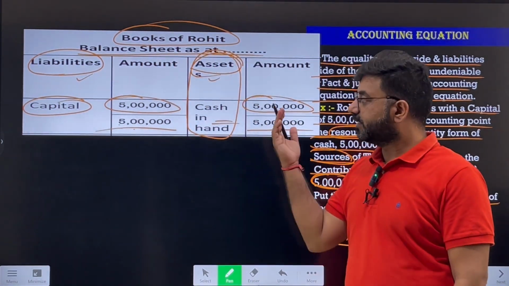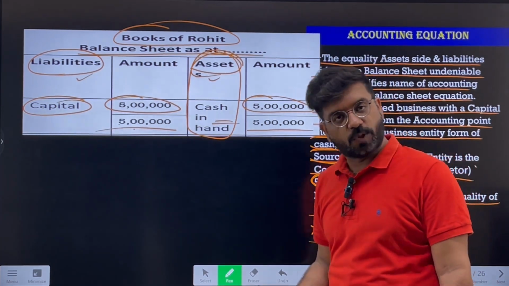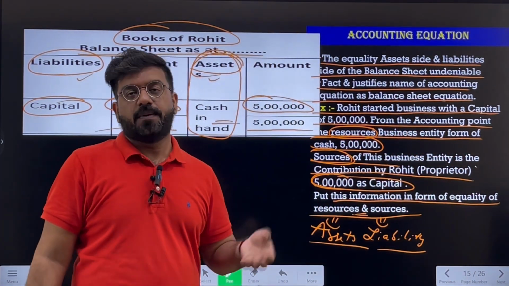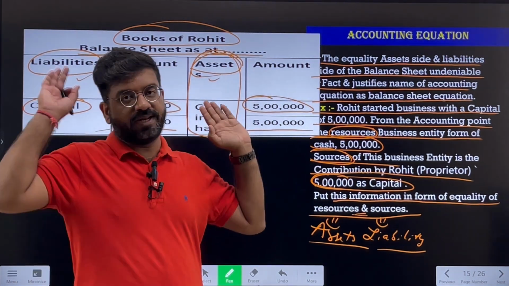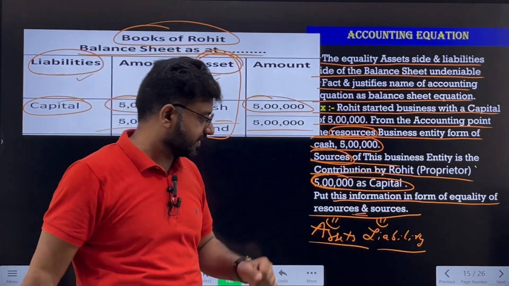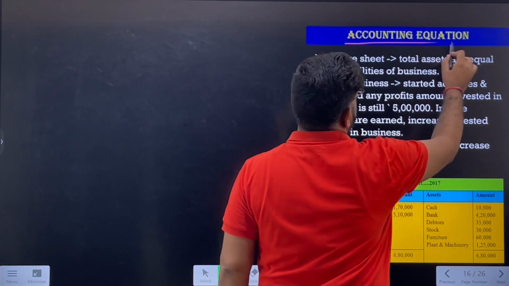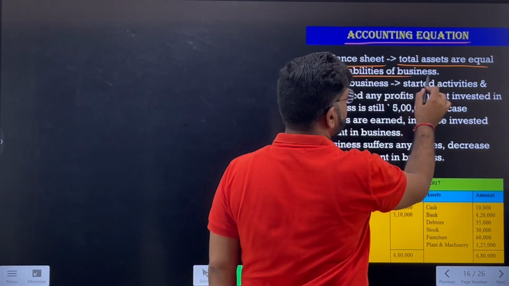Okay, this is the actual presentation. This is how we present this in the balance sheet. Okay, the format of your accounting equation is a bit different, but looking into the balance sheet, the format is like this: the liabilities first, and the other side is the assets. Next, now in accounting equation, we have a balance sheet where total assets are equal to total liabilities of the business.